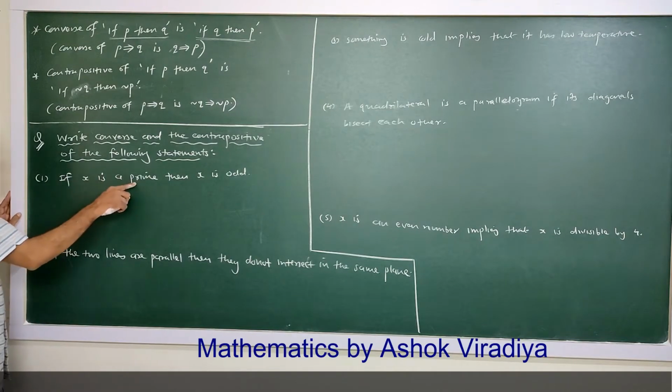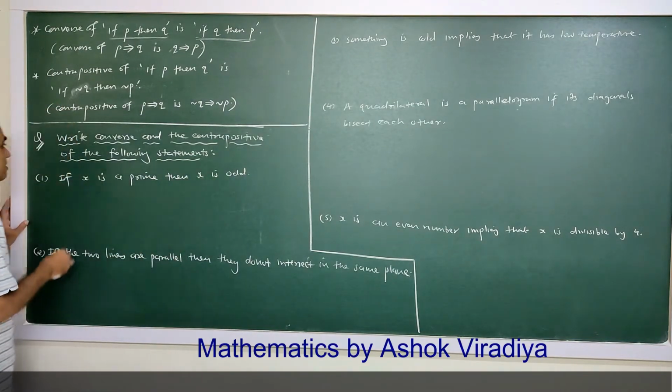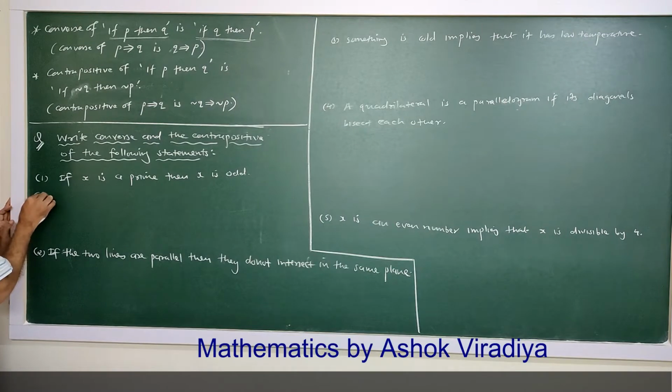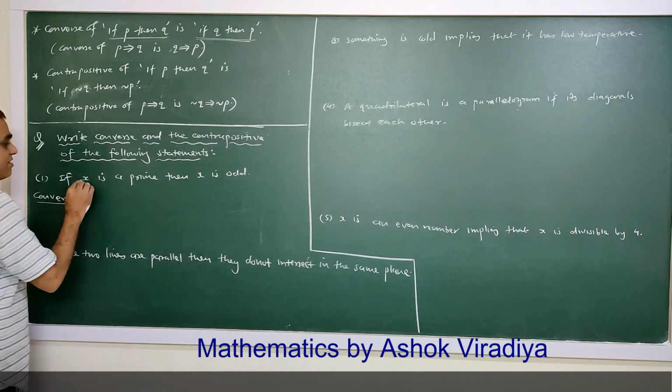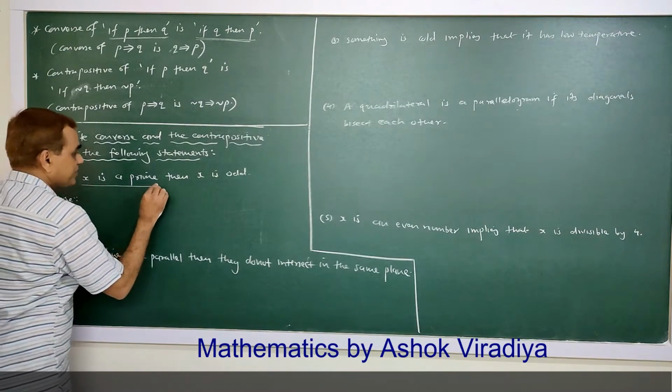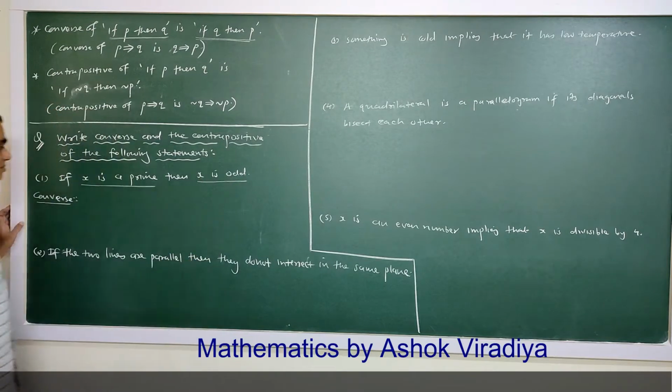If x is a prime, then x is odd. First of all, we put here the converse. If x is prime, then x is odd.